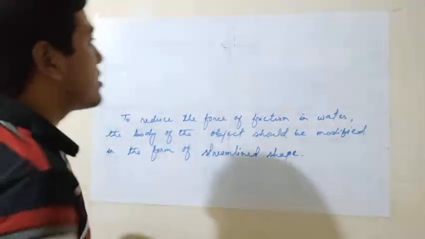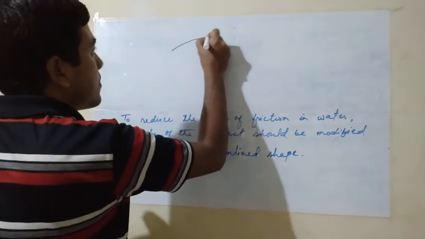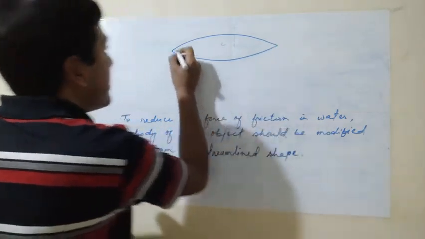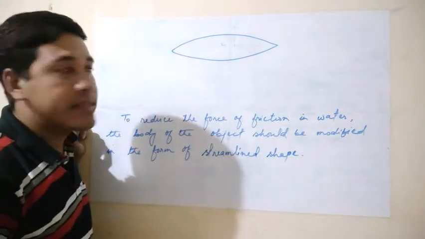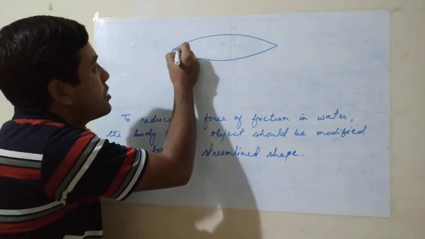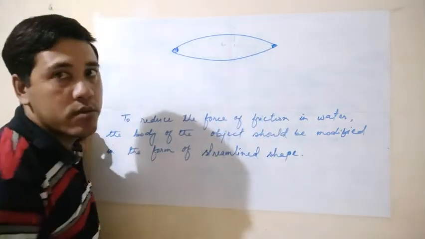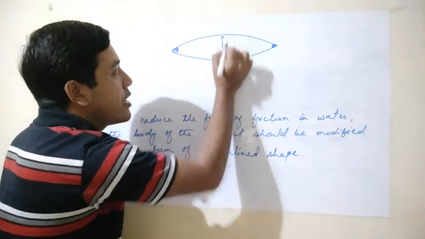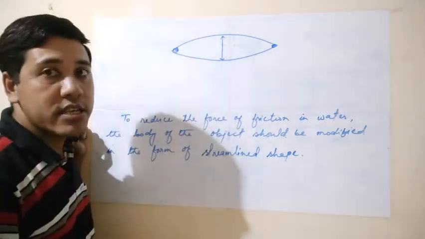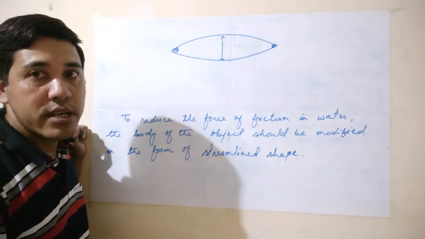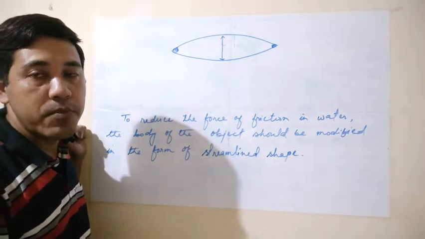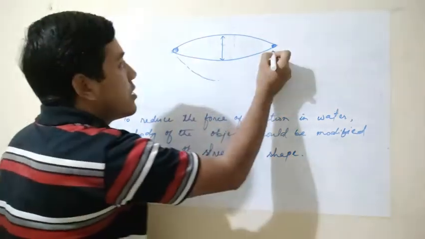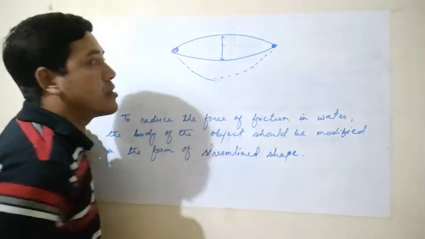In the streamlined shape, the edges of this body will be very smooth, and the middle portion is very thick. Now you can see the structure of the boat, or the structure of the aeroplane, right? These are all known as the streamline shape.